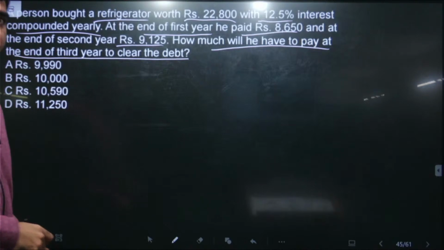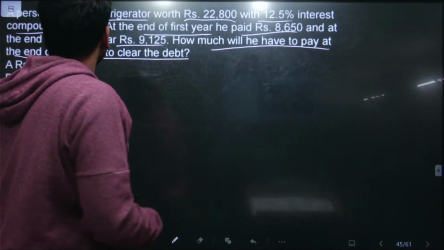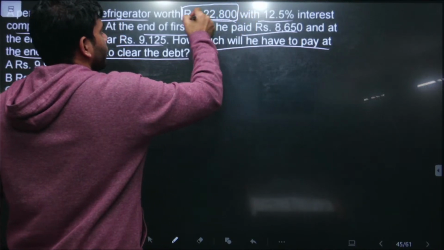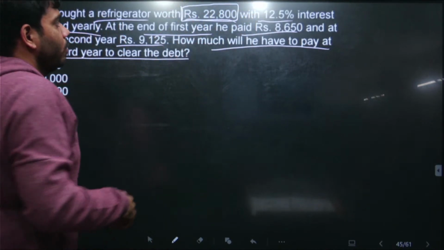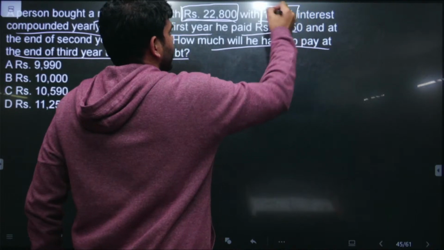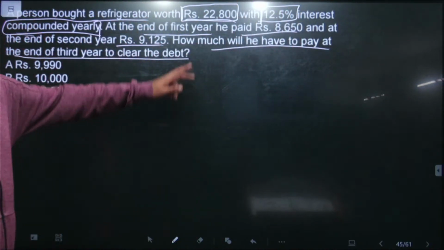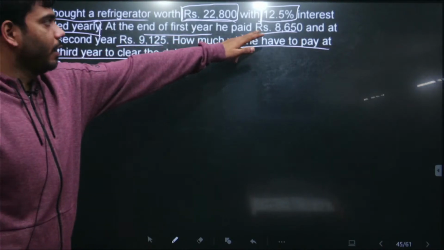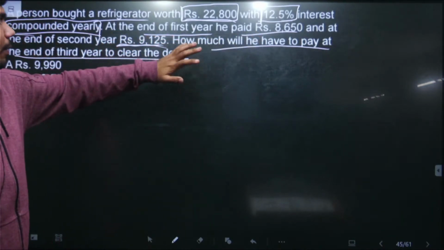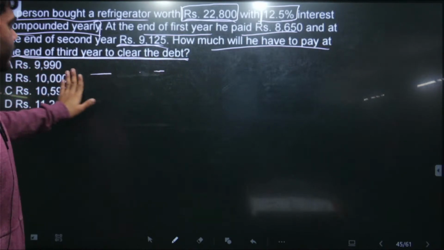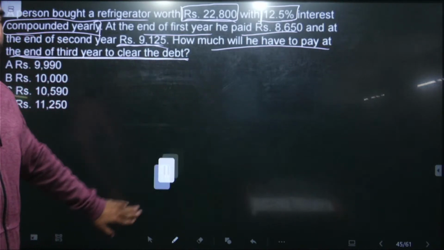The question is saying the total amount for this refrigerator is 22,800 with a compound interest of 12.5% annually. It is compounding annually. And at the end of the first year he has paid this amount, and at the end of the second year he has paid this amount, and we need to find how much debt he has to pay in the third year to completely get free of this debt.